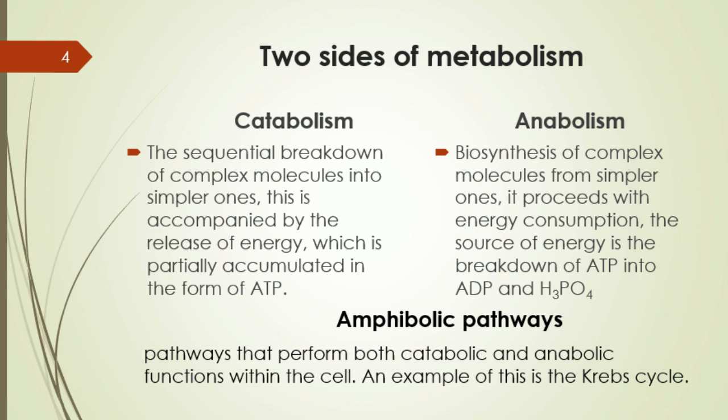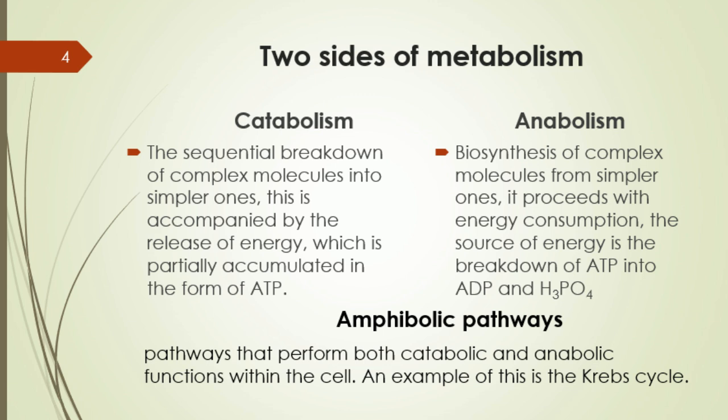Metabolism consists of two opposing sides, catabolism and anabolism. Catabolism is a phase of metabolism in which complex molecules are broken down into simpler ones. Nutrients that enter the body through food or are produced within the cells are sequentially broken down into compounds such as carbon dioxide, water, and ammonia.